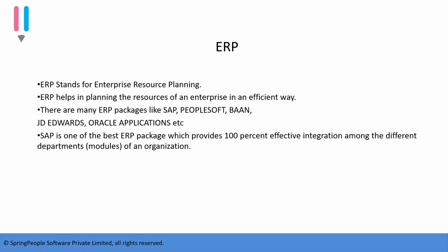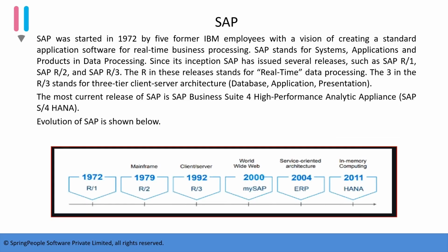Next, what is SAP? This slide is for a brief introduction of the SAP company. SAP was started in 1972 by 5 former IBM employees with a vision of creating a standard application software for real-time business processing.